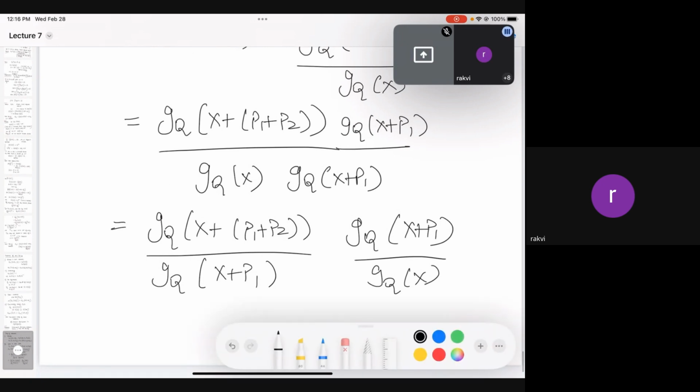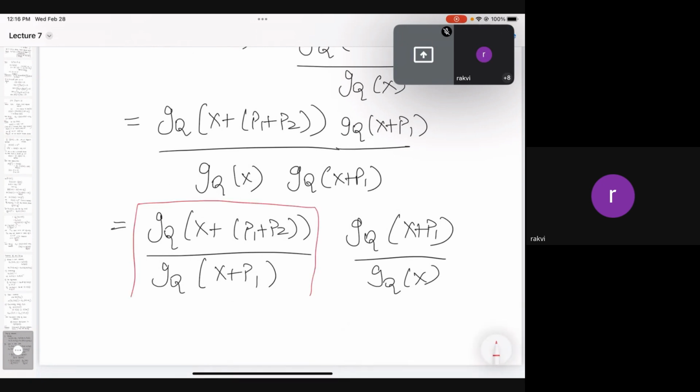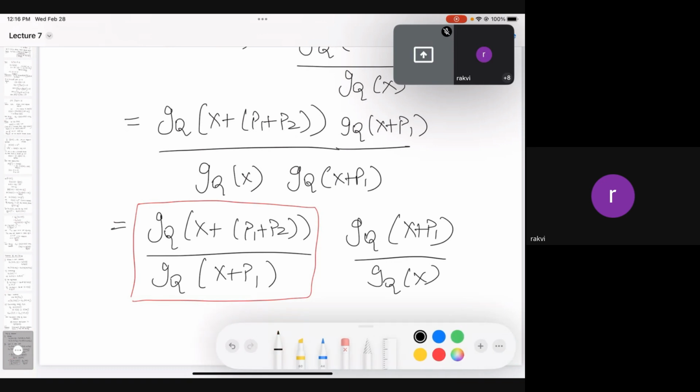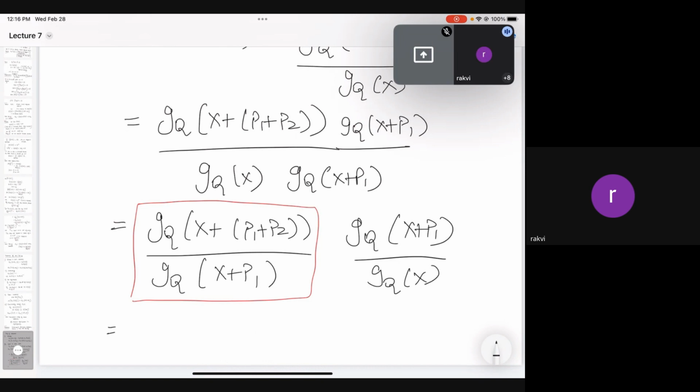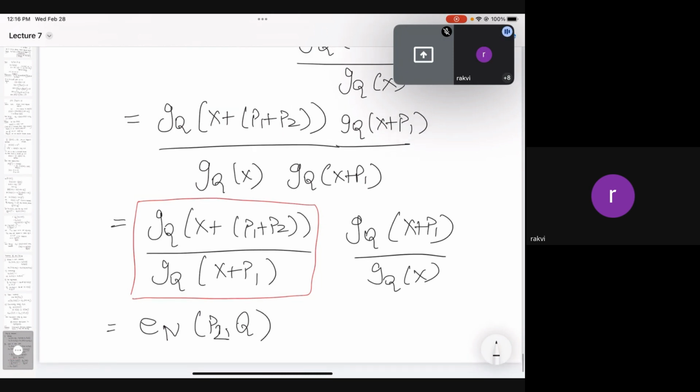Now this ratio right here, because the Weil pairing, the way we constructed it, doesn't really depend on the value of x, it doesn't matter if we add something to x. That ratio is going to be constant. So this ratio in the red box is En of P2, Q, because x plus P1 I can think of as a new x, and then I'm adding P2 to it.